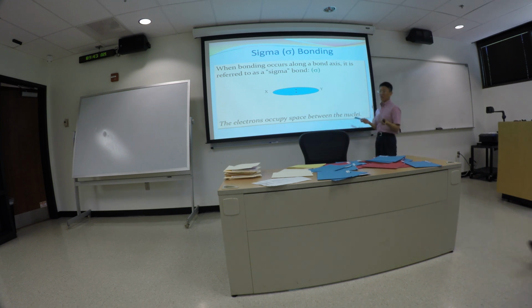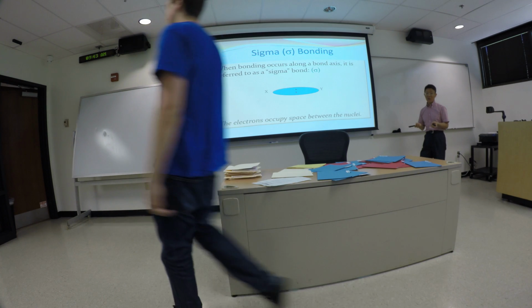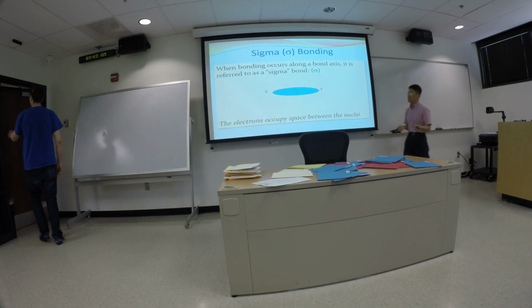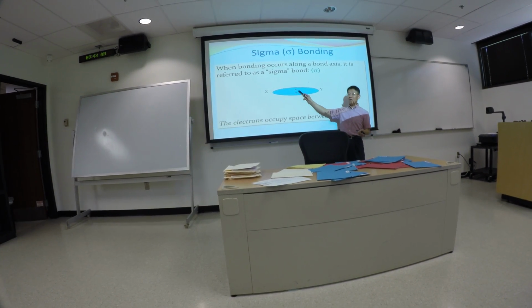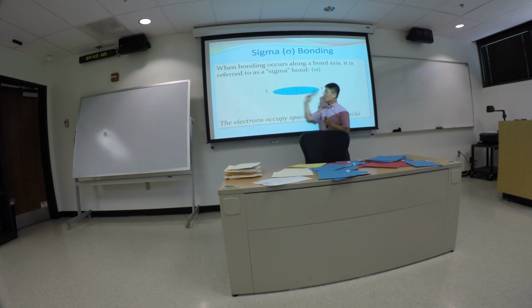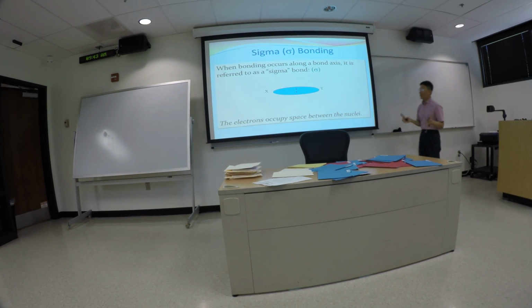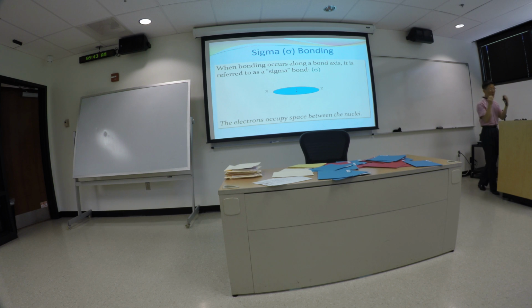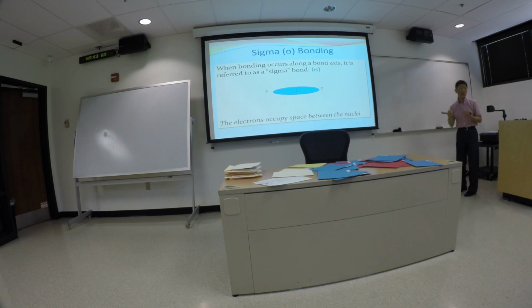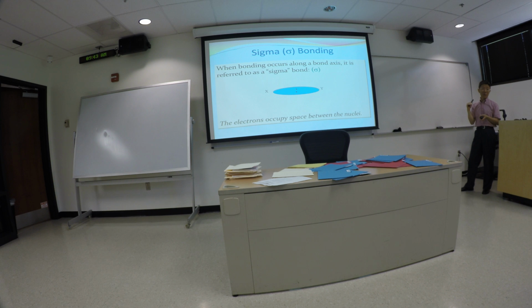Well, we can't say 100%. Probably a 90-95% chance these two electrons will stay in this region, being shared by these two atoms. So we say the electrons occupy the space right in between, along the bond axis, and that's the region where you have the highest electron concentration, or electron density, if you will. So that's a sigma bond.